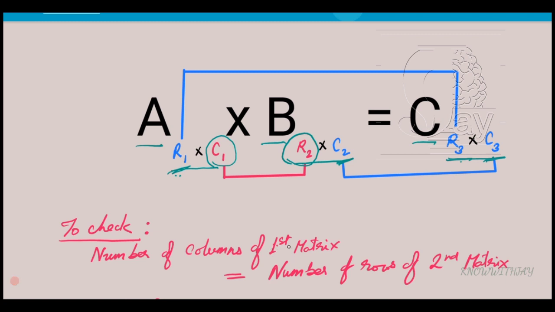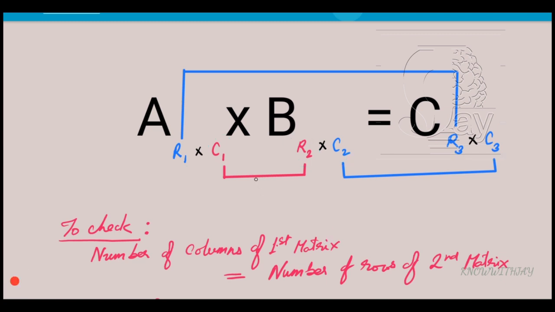And to check the compatibility, you just need to check this red line. You have to check the columns of the first matrix and the rows of the second matrix, so they have to be equal.